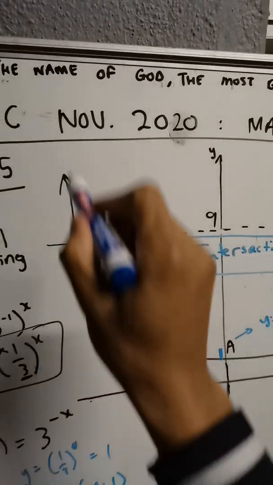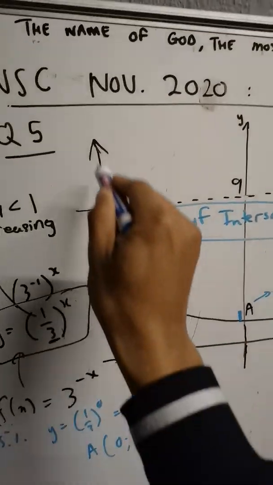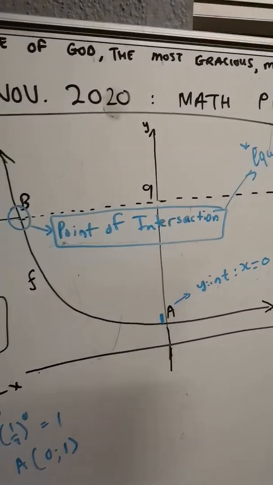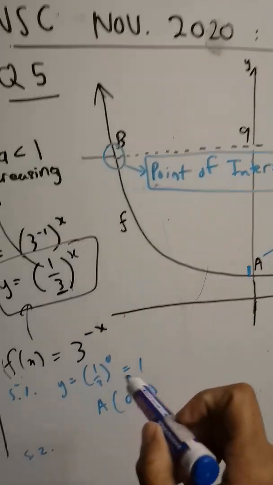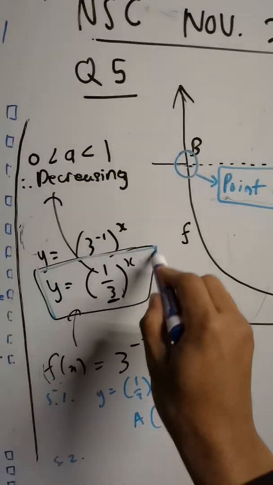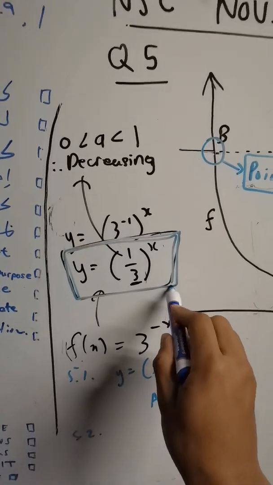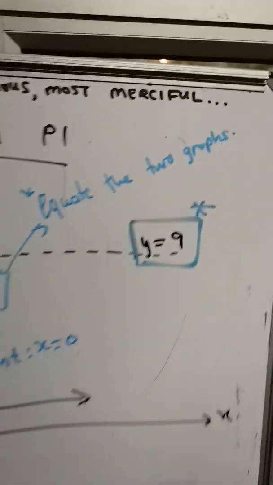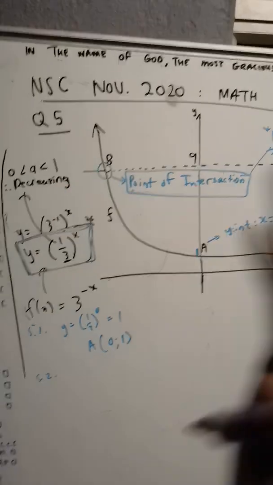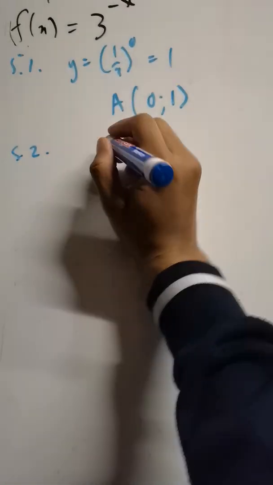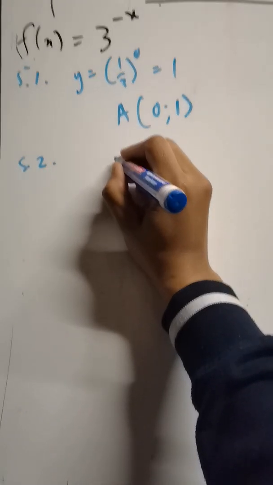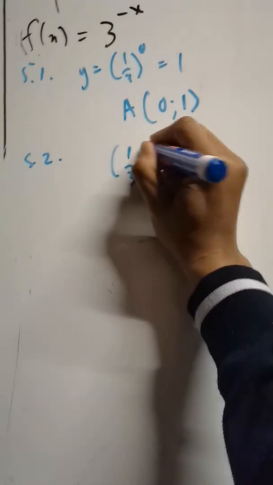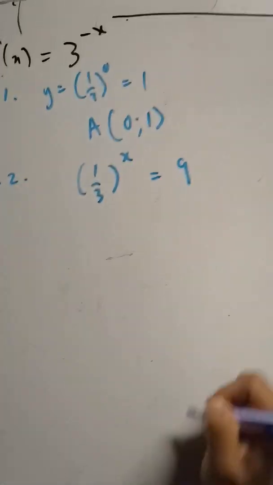So we have two graphs over here. We've got the exponential graph and this straight line graph. The exponential graph is y is equal to a third to the power x, and the straight line graph is y is equal to 9. That's a special line graph. So you just equate those two graphs together. All that you do is say a third to the power x is equal to 9.